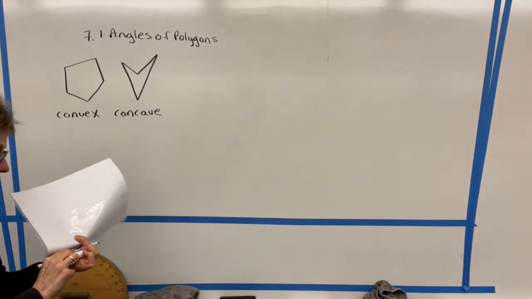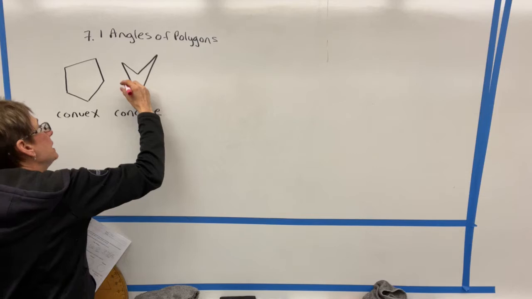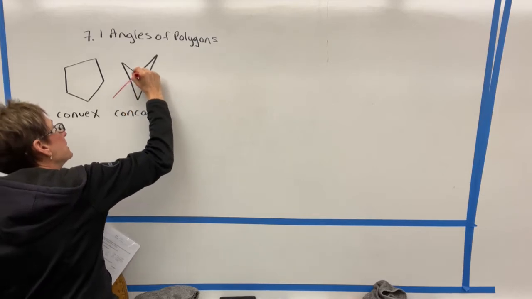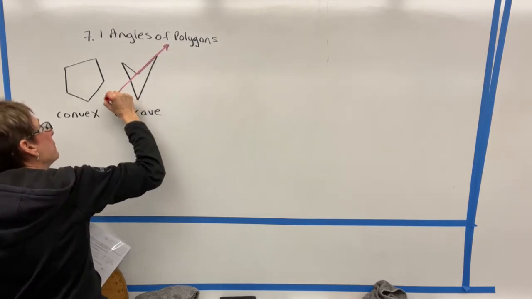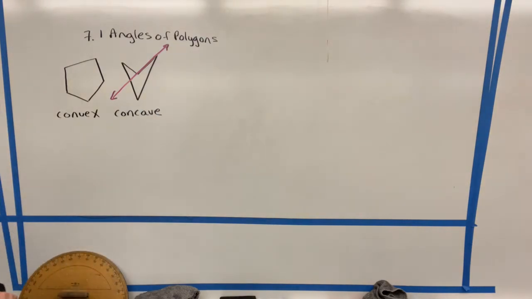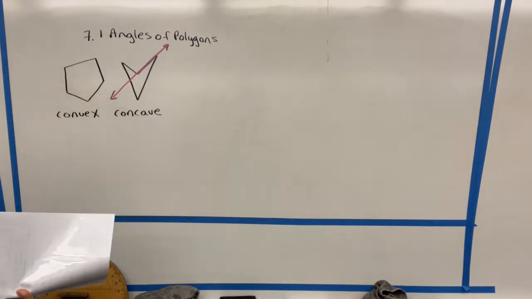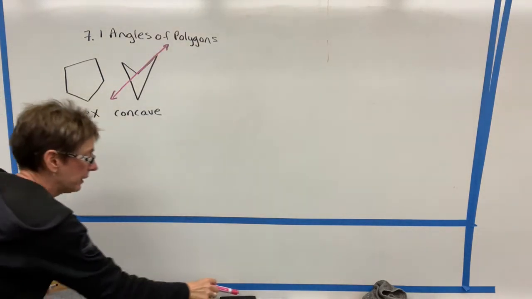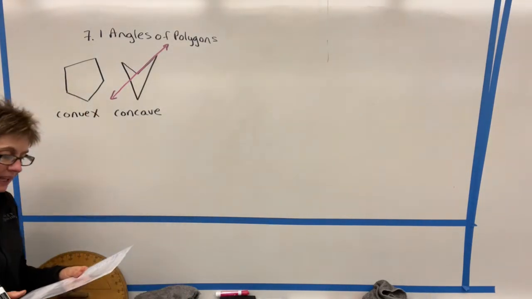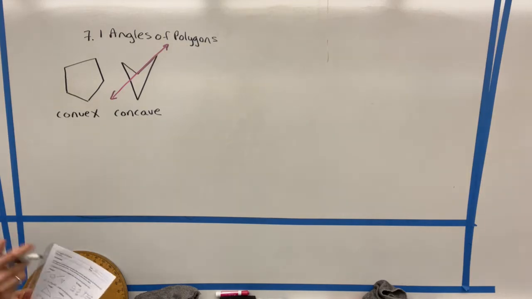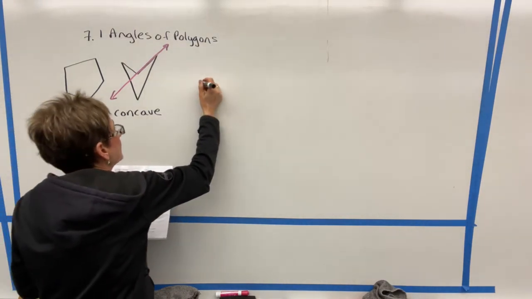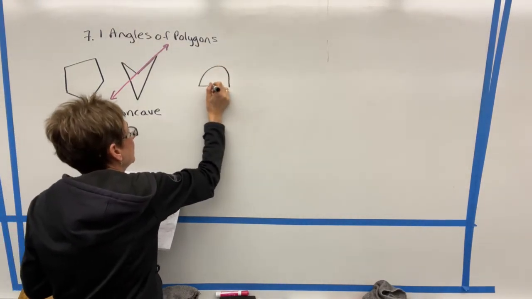And the way that you can see that that's happening is if you draw a line through a side, it can end up going through the figure. If a line that is traced along the side of the polygon goes through the figure, then it is called concave.